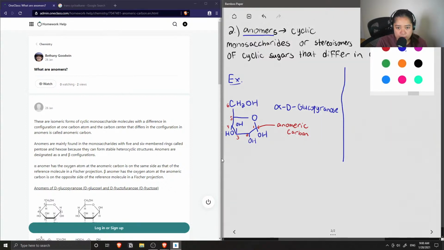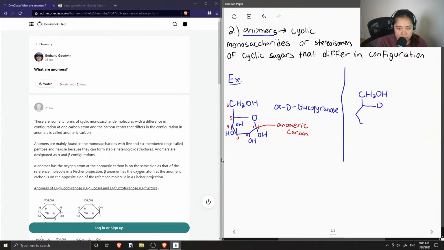Okay, so that's one configuration. And we can also draw it in a different configuration, where we can have a different orientation of our alcohol group. So now, instead of the alcohol on carbon 1 pointing down, it can be pointed up.